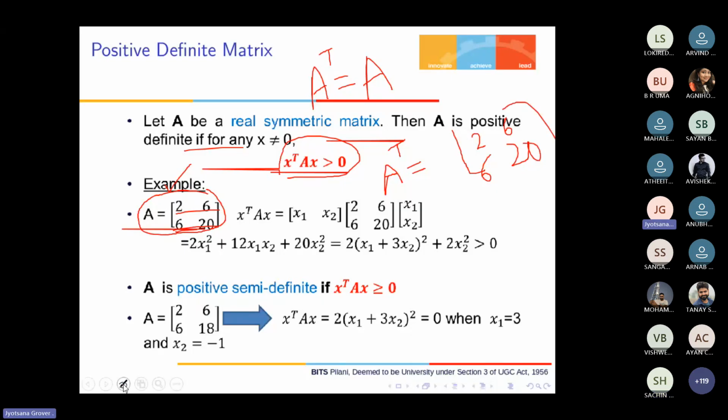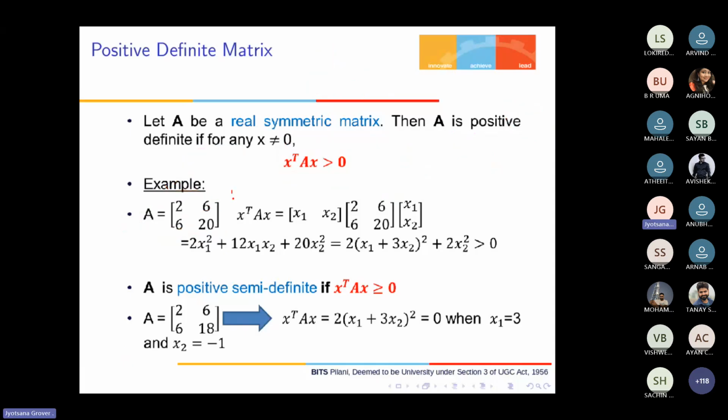Okay, now if X is any vector, a column vector, and it has to be non-zero, then if you take X transpose AX, you should get it to be greater than 0. I'll show you how. So this is x1, x2.